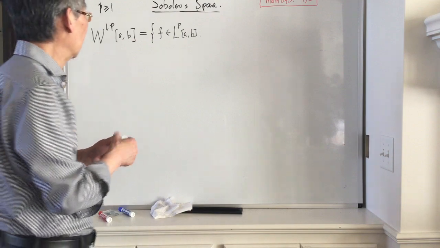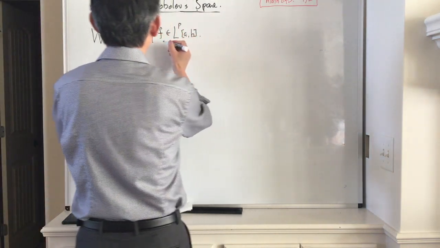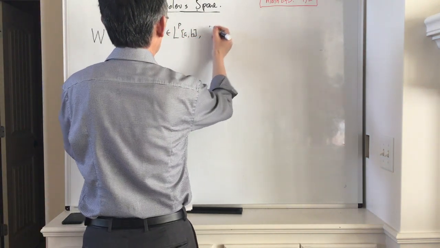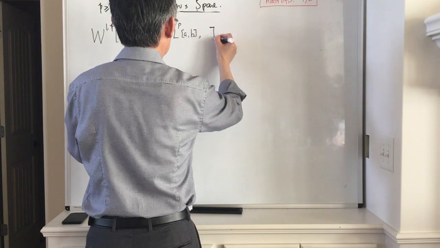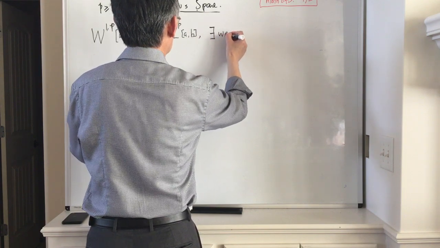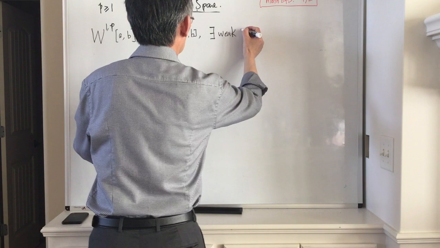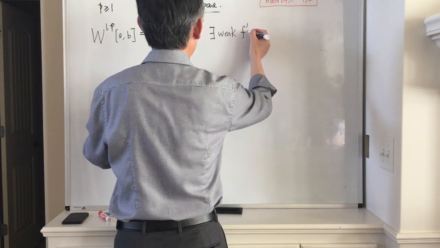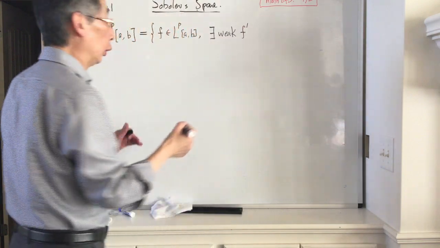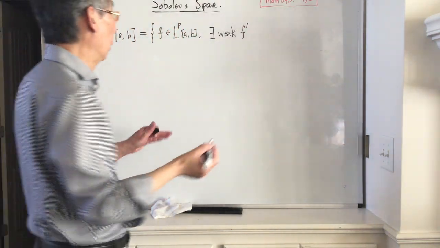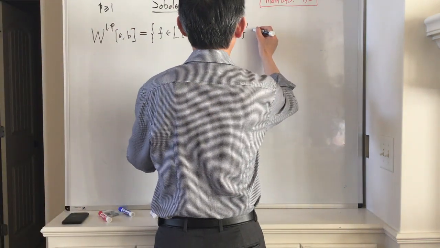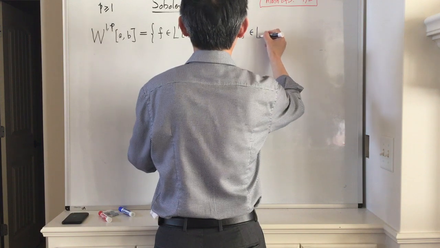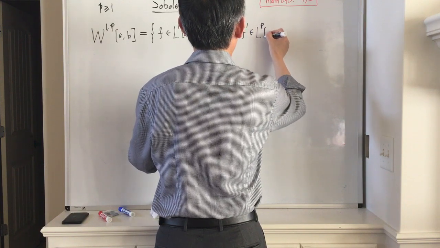But in this case, we want to consider all such functions for which the weak derivative exists, and I use f prime to indicate the weak derivative. And we want this weak derivative not only to exist, but also, as a strong condition, to be in L^p.